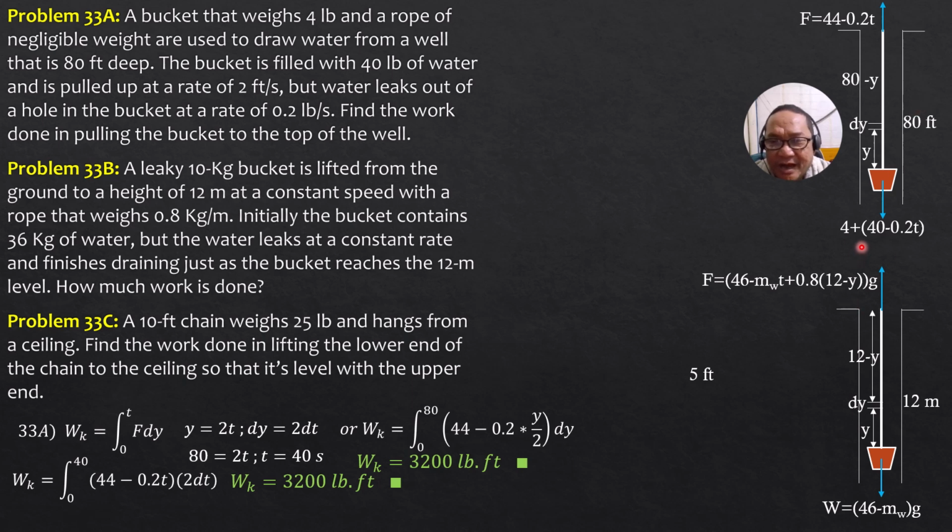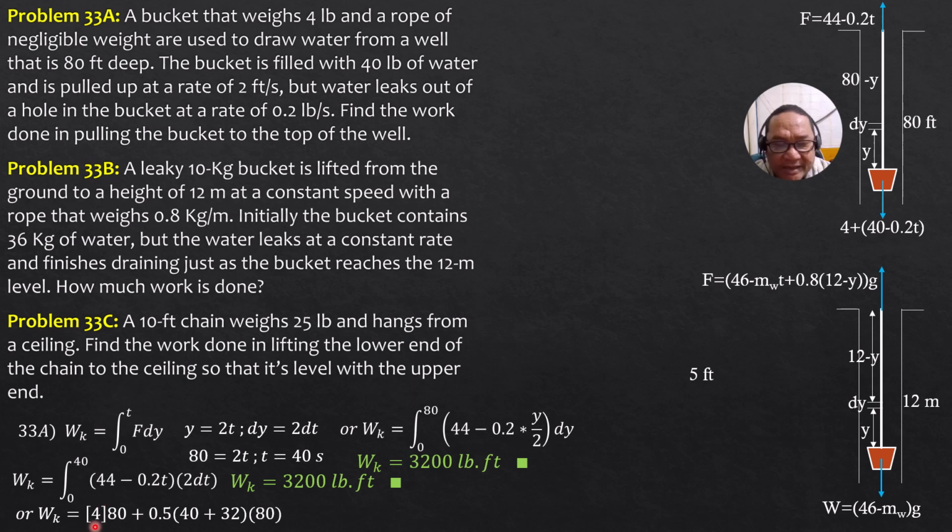So again, another solution is 4 pounds, the weight of the bucket, times 80, force times distance, plus the average weight of water, which is quantity 40 plus 32, divided by 2, that's the average weight, times distance, which is 80 feet. So work is 4 times 80. I hope you follow this.